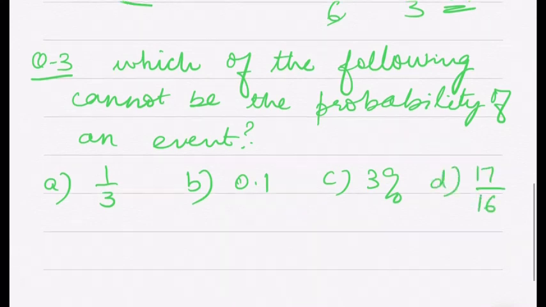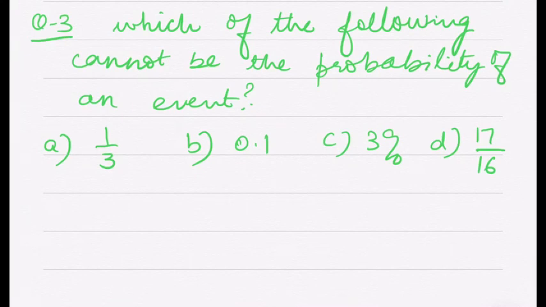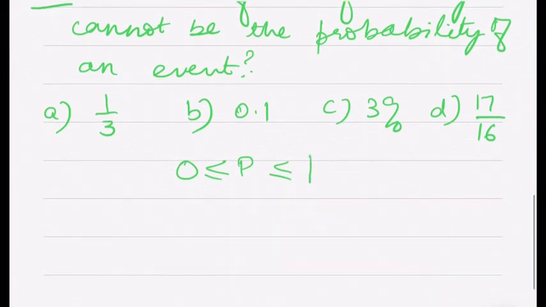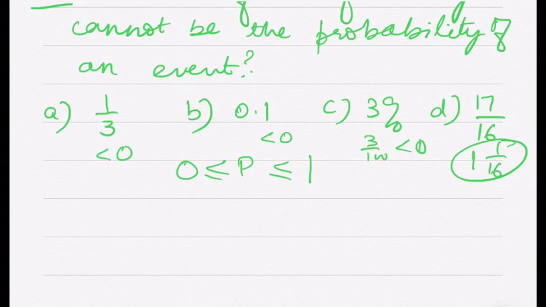Now we already know this concept that probability is always greater than or equal to 0 and less than or equal to 1. So we just have to check all the options. This is greater than 0, this is also greater than 0, and this is 3%. So 3% means 3 by 100. So this is also greater than 0. But this is 17 by 16, right? So this is greater than 1.